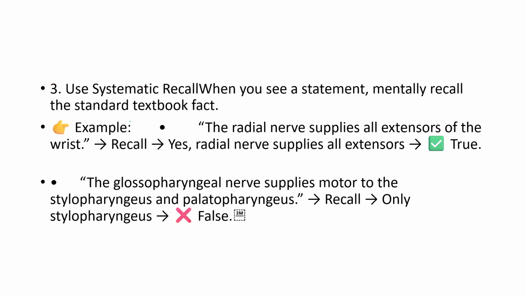You have to think, yes, extensors are supplied by the radial nerve, and the flexors of the arm are supplied by the ulnar and median nerve. So this statement is correct. Like that, take a few statements. You have 2 minutes for a particular MCQ, so take some seconds and work on this one.